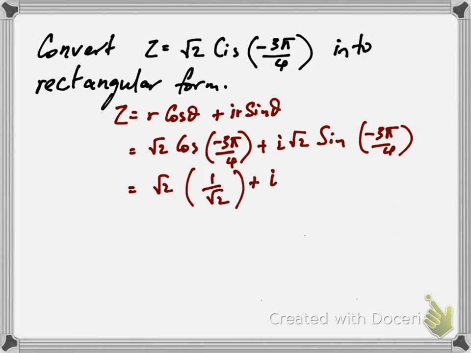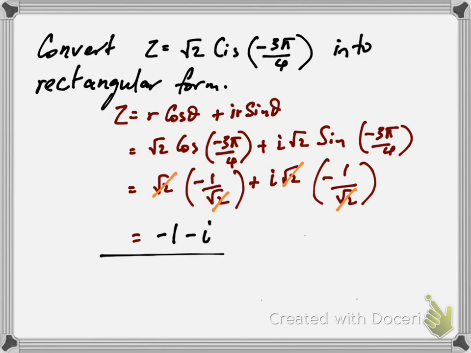Plus i square root of 2 times negative 1 over root 2, and therefore the square root of 2 will cancel. That'll cancel with that, that'll cancel with that, and if you simplify, you'll end up with minus 1 minus i.